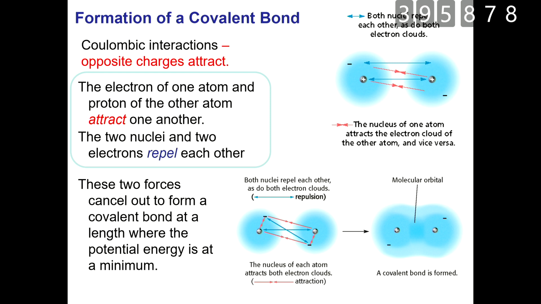One is attraction, and one is repulsion. When they are far apart from each other, the attraction force is bigger than the repulsion force, so they can come close.